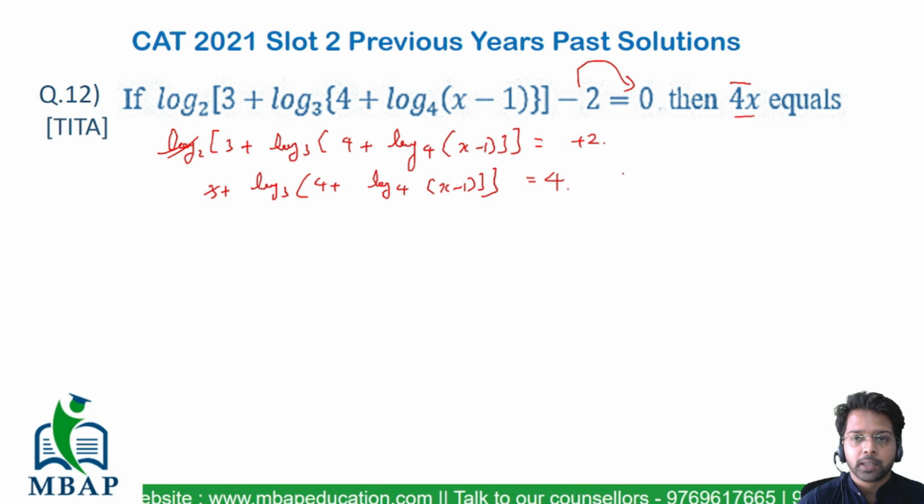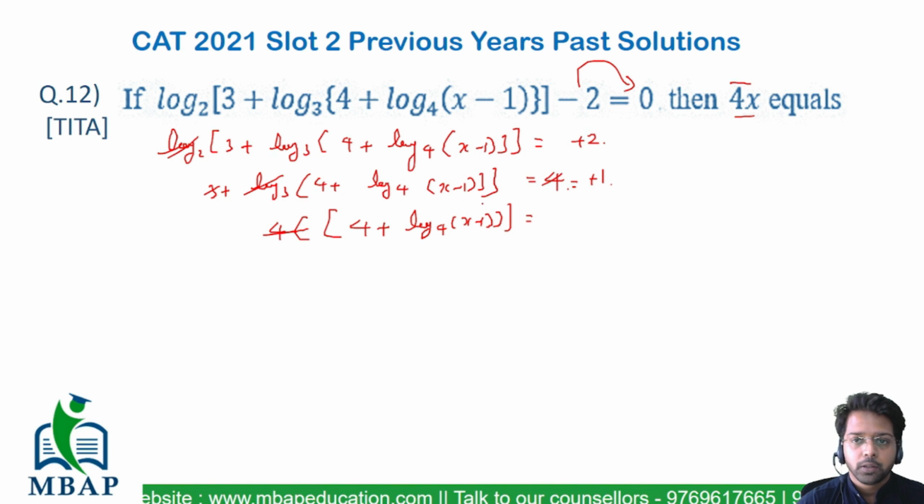Now subtracting 3 from 4 on the RHS will become simply plus 1. Now you can remove log to the base 3 in a similar way as you removed the log to the base 2. Let's try to remove log to the base 3. If you remove it, this will become 4 plus log to the base 4 of (x minus 1), which will become how much?